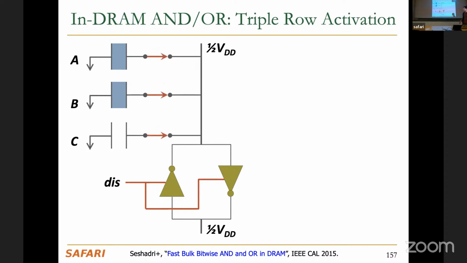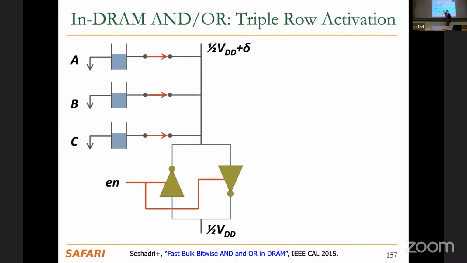If you activate 3 of them at the same time, they will do what DRAM cells do when you activate the access transistors. That is, they start leaking their charge onto the bit line, and that causes a voltage deviation, a voltage perturbation, this delta that you see there, and at some point you enable the sense amplifier.